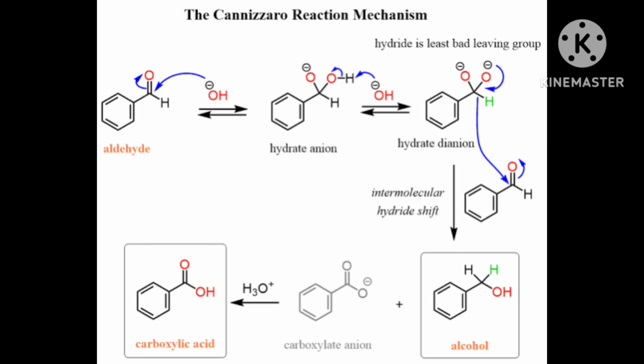Okay. Here also, in the presence of OH ion, the second molecule of formaldehyde, that double bond will also break for a short time. And here also oxygen will have negative charge and carbon will have positive charge.